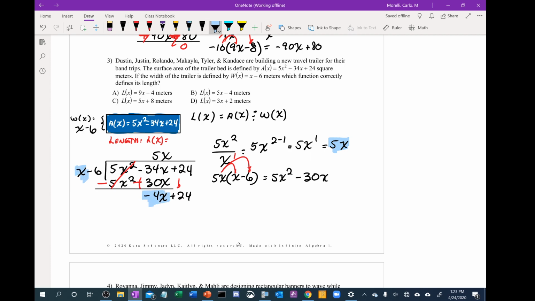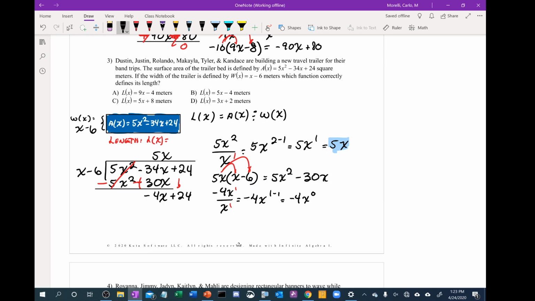Negative 4x divided by x. That's the first term of the remaining part of the dividend divided by the first term of the divisor. In side work we have negative 4x over x. There's nothing to simplify numerically, so we just apply the quotient rule. Remember, those two variables have 1 in their exponent section, and the quotient rule says that when the bases are the same, which they are, we subtract the exponents to divide. So that's negative 4x to the 1 minus 1 equals negative 4x to the 0.